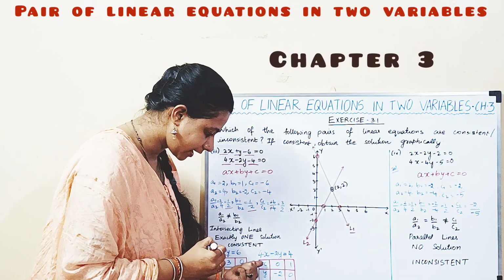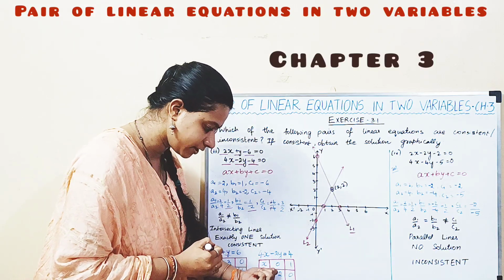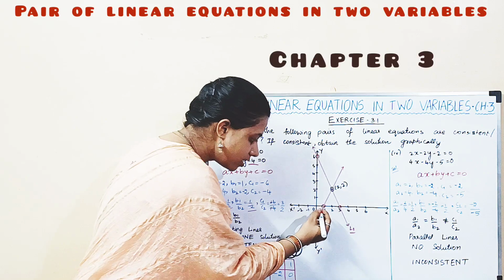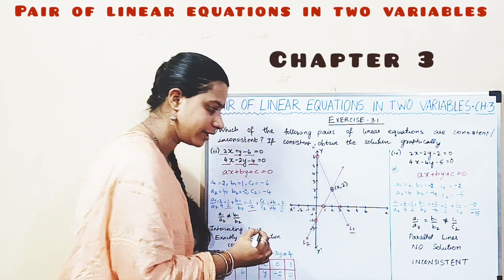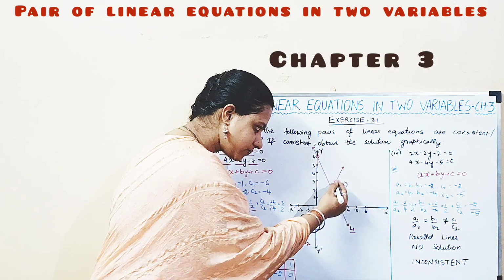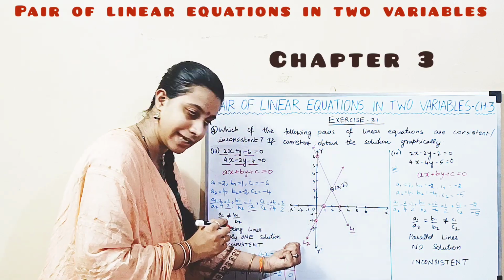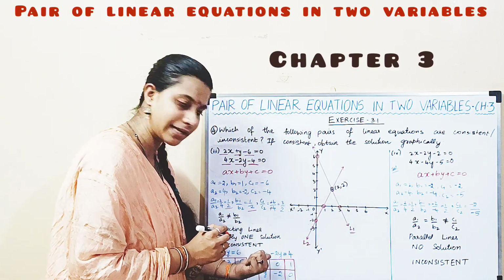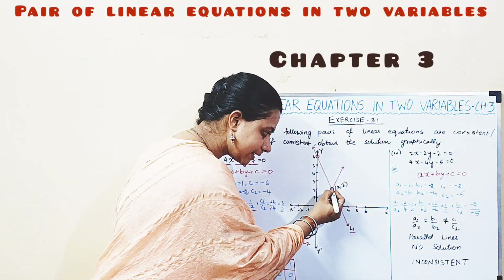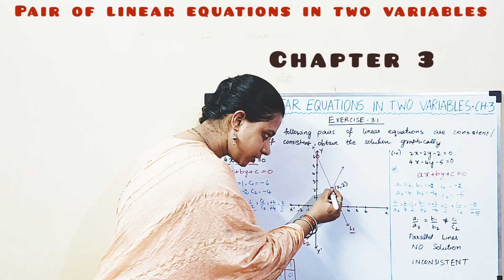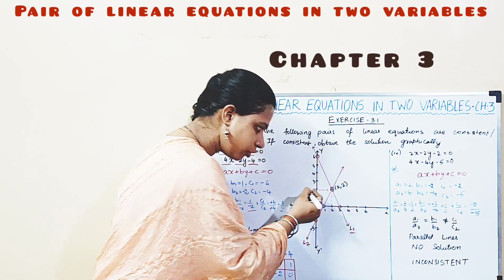Coming to the second equation, the points are 0, minus 2 and 1, 0. 0, minus 2 is here and 1, 0 is here. If we join these 2 points, we will get a line and we will mark it as L2, that is line of the second equation. Now, if we notice, these two lines intersect at this point, which is 2, 2.